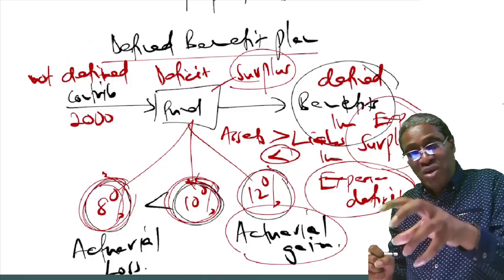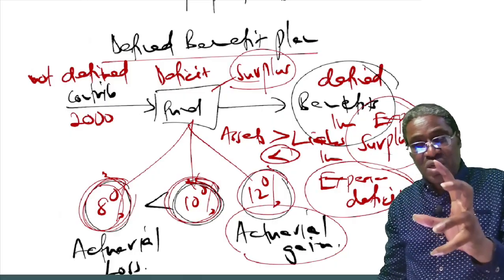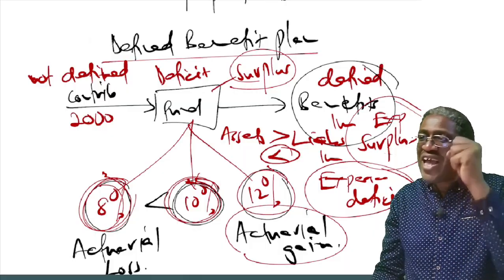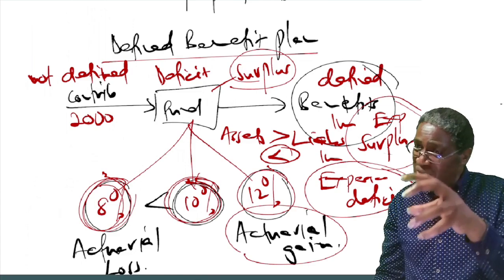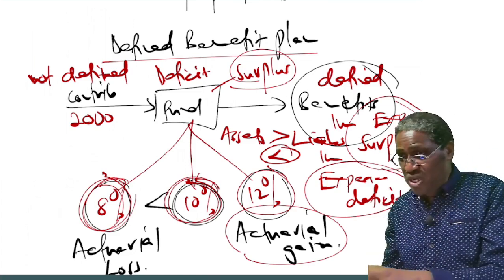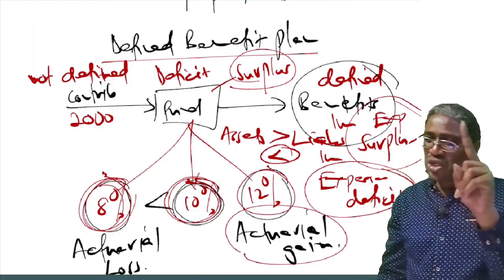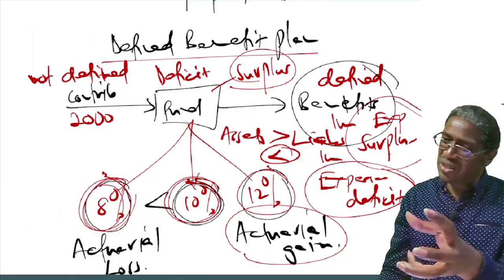That actual gain or loss, I hope you're following, we are looking at them from the point of view of the earnings. If the earnings in the fund are more than the projected earnings, actual gain. If the actual earnings are less than the projected earnings, actual loss. What's an experience surplus and experience deficit?